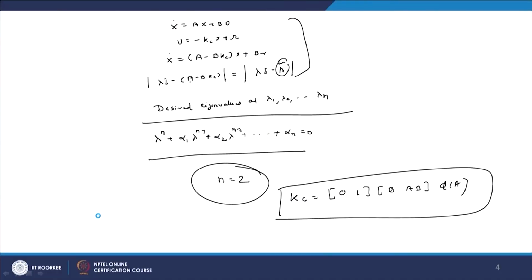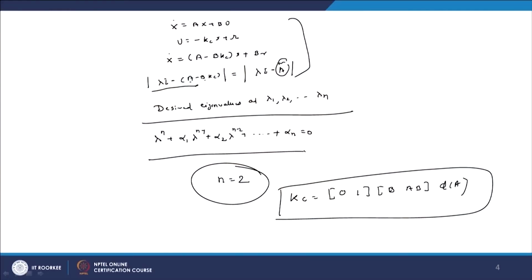Here we have taken the plant as A plant, then we have taken a controller u equals to minus Kc x plus R, and then this is the characteristic equation, lambda I minus A bar, where we have desired eigenvalues lambda 1, lambda 2, up to lambda n. So, these are the equations.